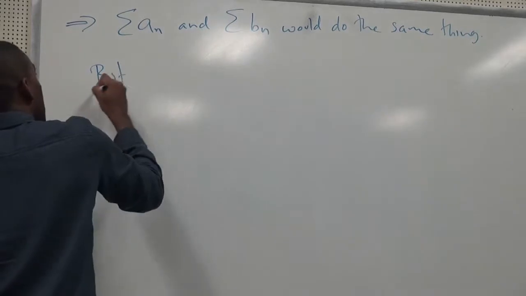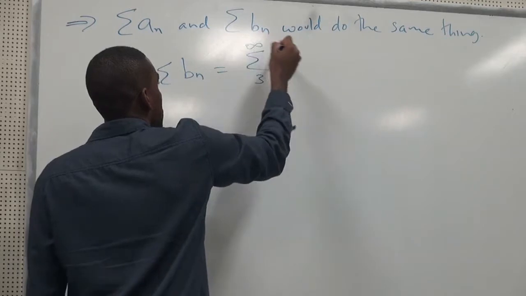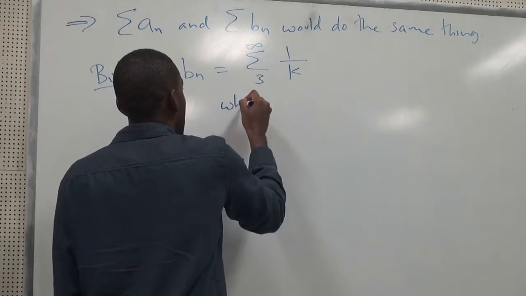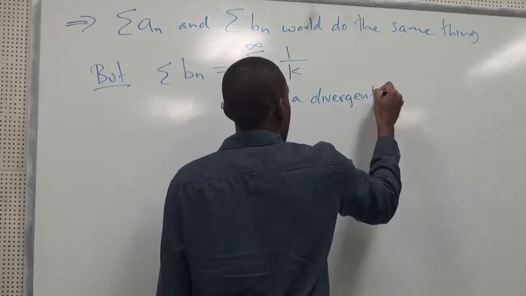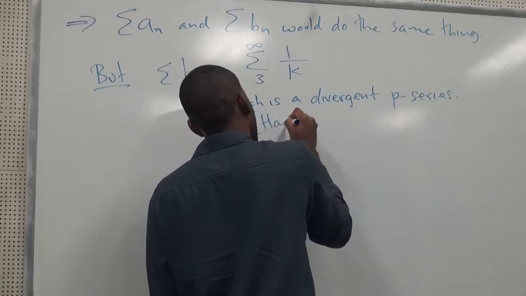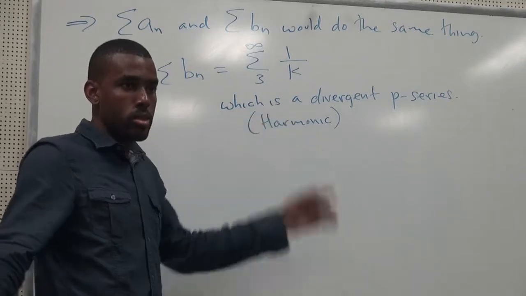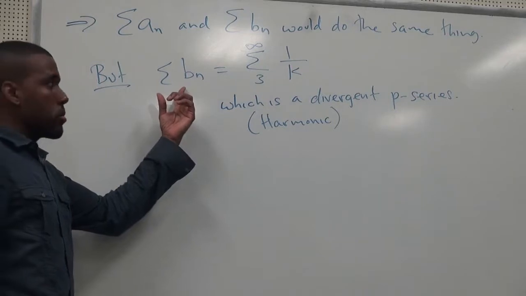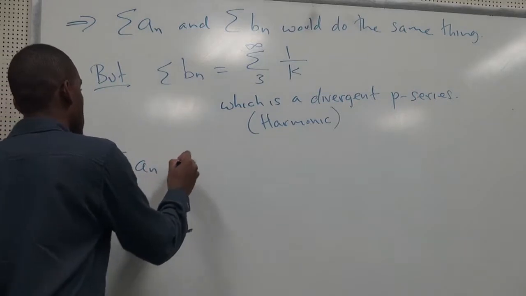But the sum of BN is actually the sum from 3 to infinity of 1 over k, which is a divergent series. It's not strictly harmonic because it doesn't start at 1, but it's essentially harmonic. So I actually know about the BN. That diverges. This is AN.